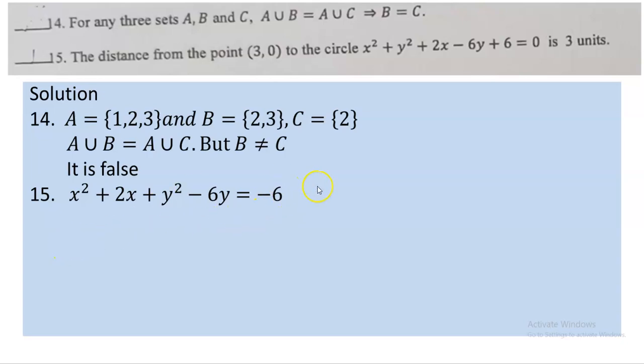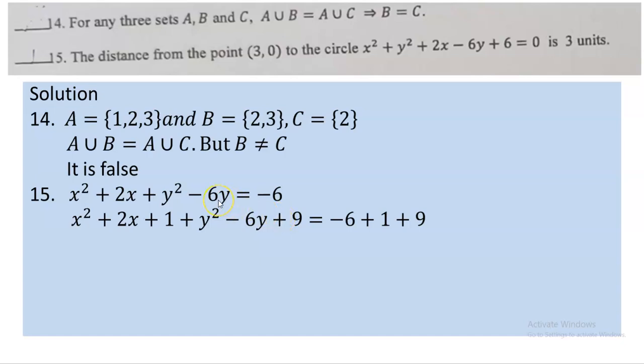So I directly copied this one and pasted here. This is +6, so when you take this one to the right, it's going to be -6, as you see. So x squared plus y squared plus 2x minus 6y equals -6 can come. So using the completing the square method, we can obtain this expression, student. Take x squared plus 2x as it is, but take half of 2, and that is 1, square it will be 1, plus y squared minus 6y, take half of -6, minus 3, square it, 9.